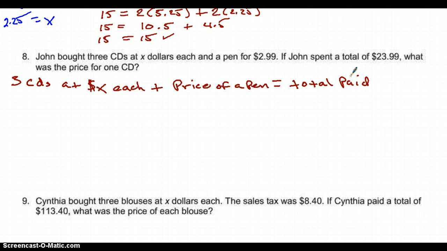We're not thinking about tax or anything here because that's not relevant. They didn't give it to us, so we're not going to dig into it.